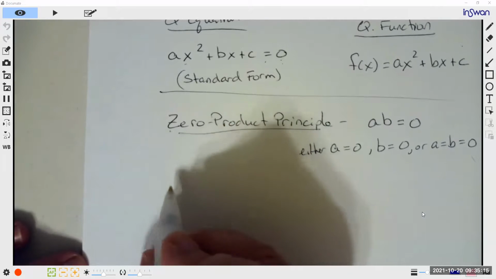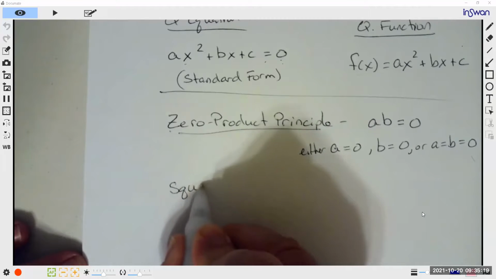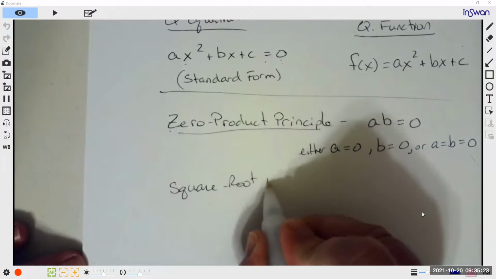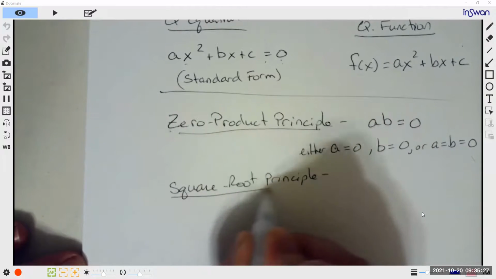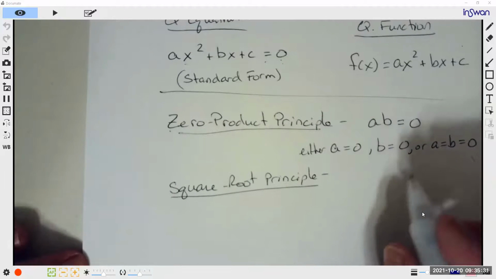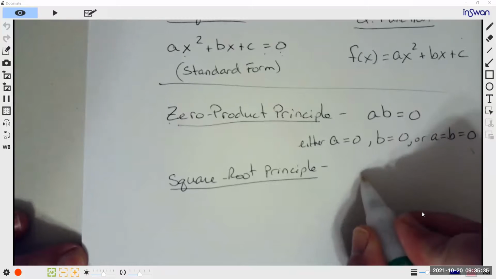The next thing we're going to look at, as a reminder, is the square root principle. The square root principle is simply this.